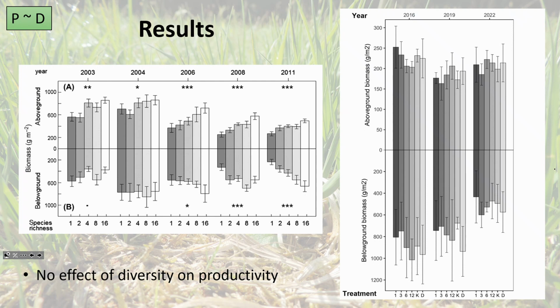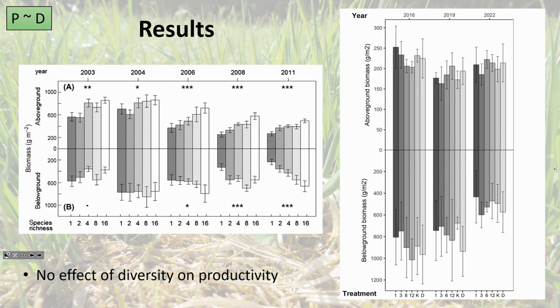So above ground biomass, below ground biomass. You have seen already in the previous slides that there is no relationship at all with above ground biomass. Here it's not diversity, it's different treatments, but it's sorted, so the diversity is increasing from left to right, and what you see below ground is, again, basically nothing.